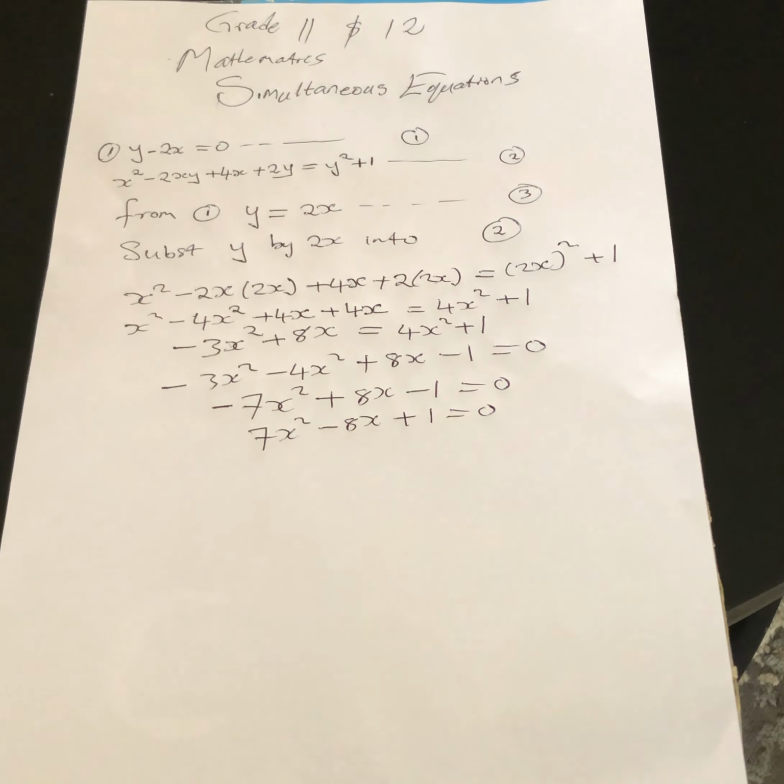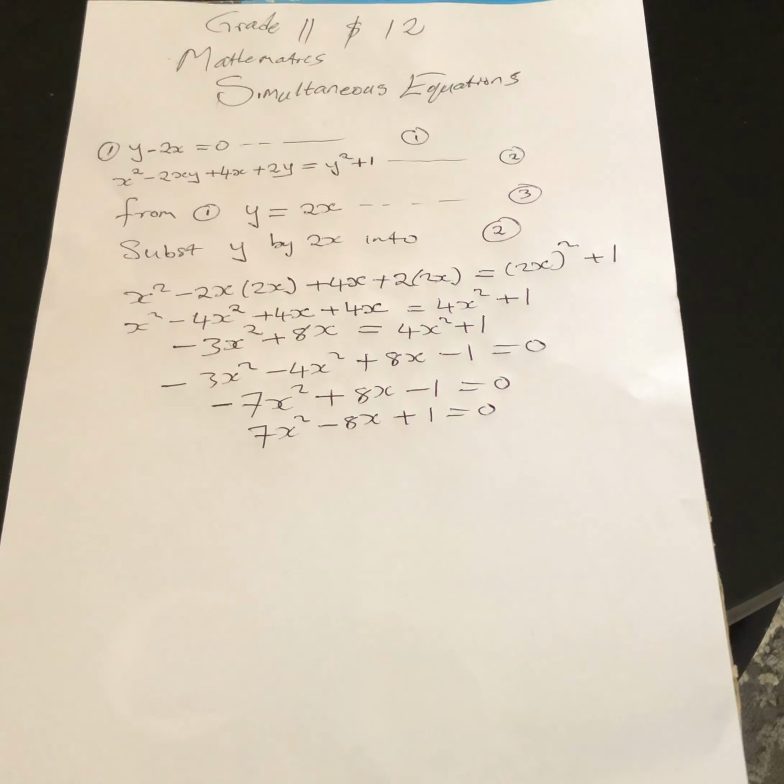So when you reach that step, you can introduce two brackets to solve for x, or you can just use the quadratic formula to solve for x if you are not sure what to do.